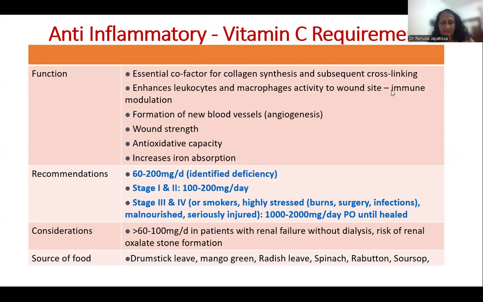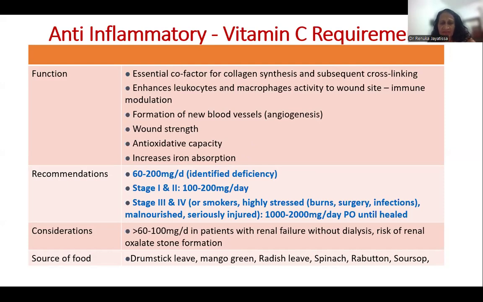If deficiencies are identified, you have to give 62 to 100 milligrams. Otherwise, in stage 1 and 2 wounds, the recommendation is 100 to 200 milligrams. But if it is stage 3 and 4, with seriously injured wounds and a malnourished patient, we usually go for 1,000 to 2,000 milligrams per day.